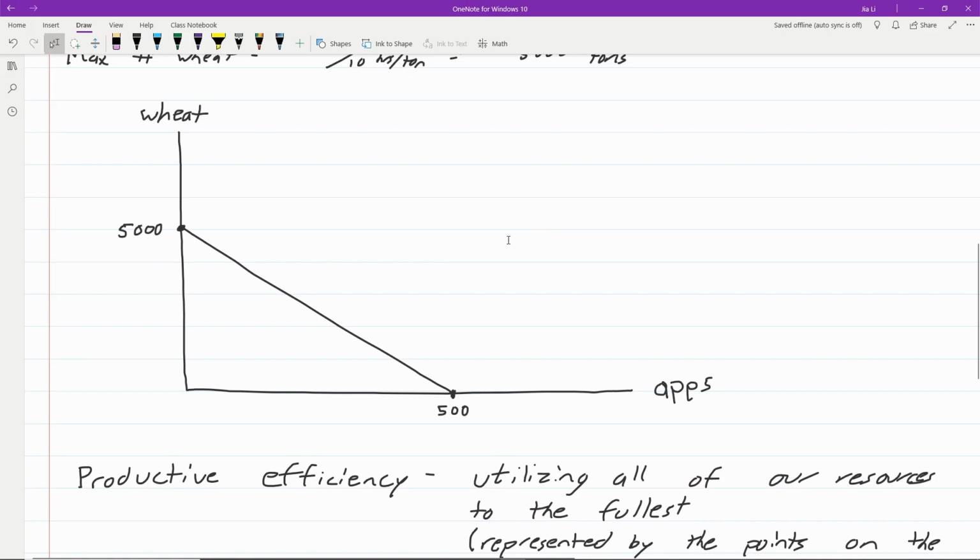Now, what would happen if we got some different numbers to work with for our PPF? So if you recall, we looked at Carol's budget constraint and we said, well, what if her budget increased? What if her budget got smaller? And what if the price of one of the goods that she wanted to buy increased? What if the price of sticky notes increased? What if the price of sticky notes decreased?